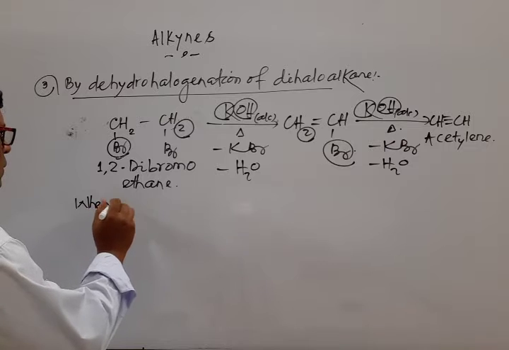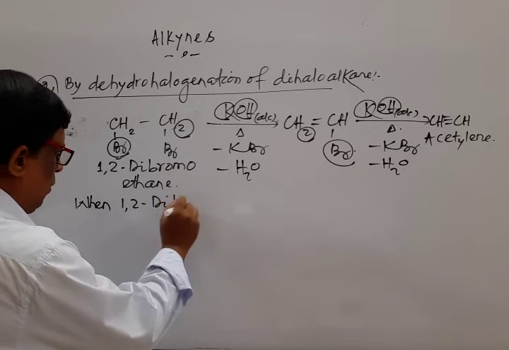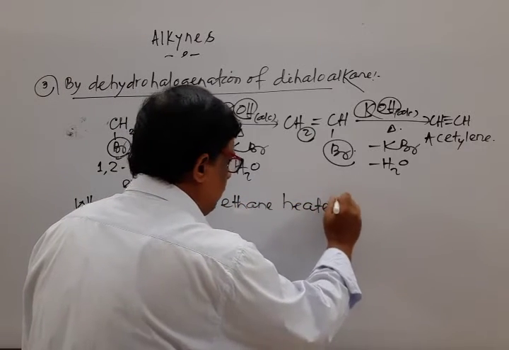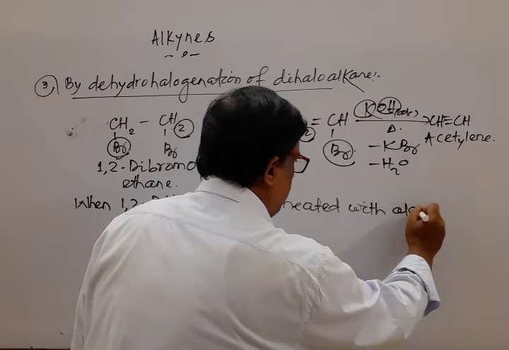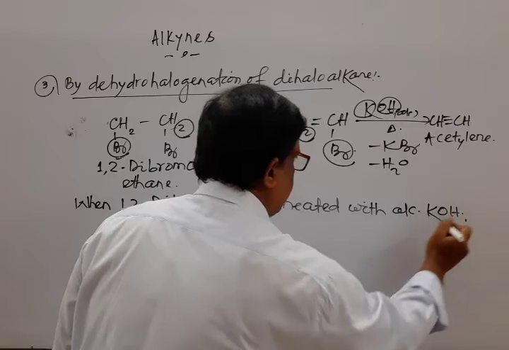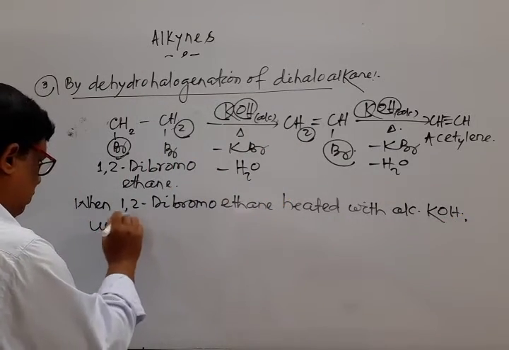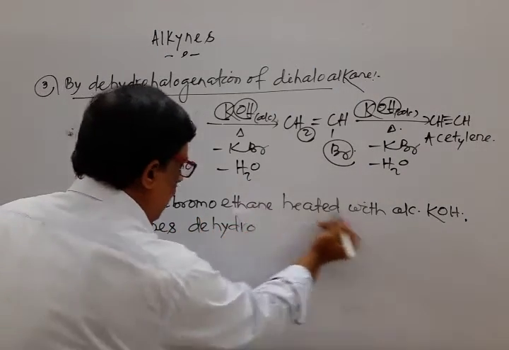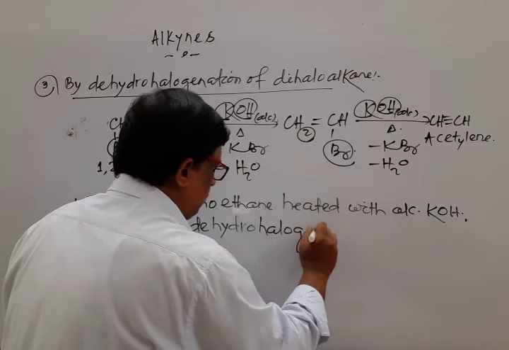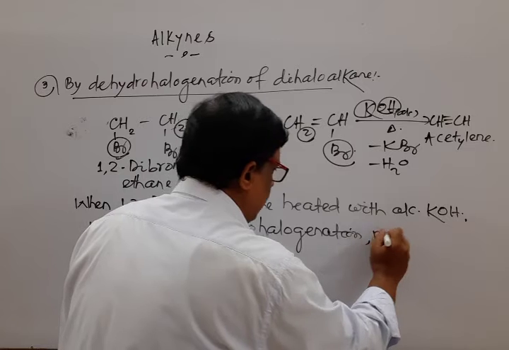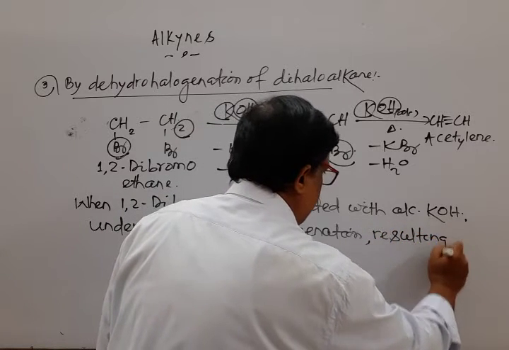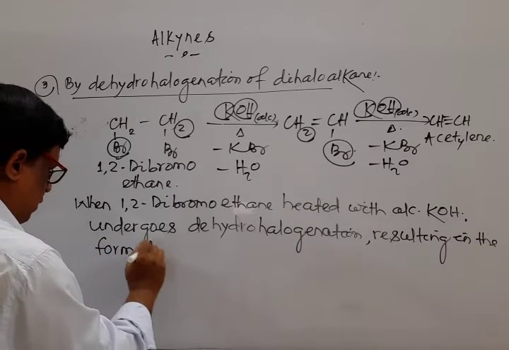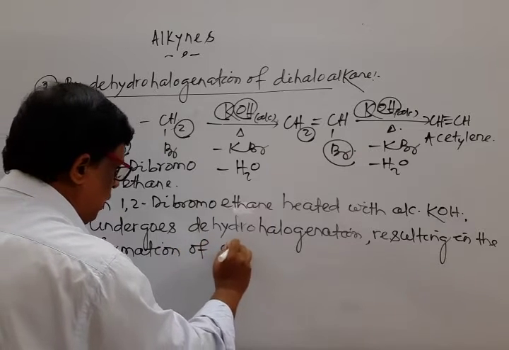When 1,2-dibromoethane is heated with alcoholic potash or alcoholic potassium hydroxide, it undergoes dehydrohalogenation, resulting in the formation of acetylene.